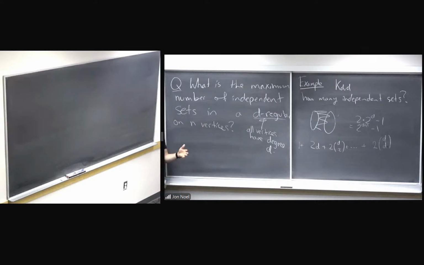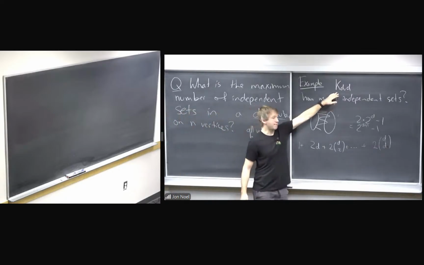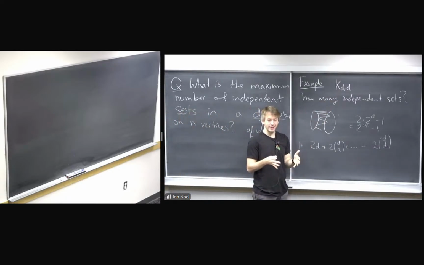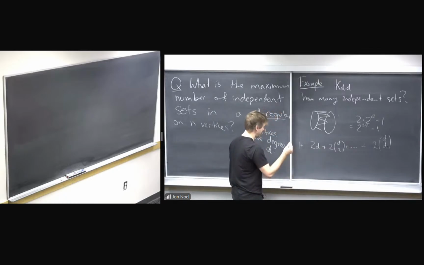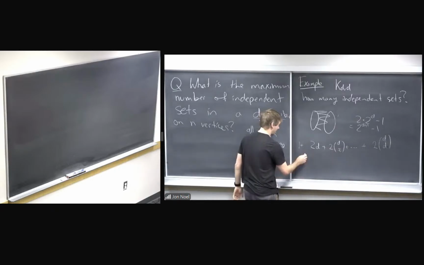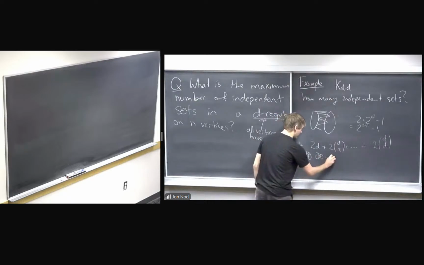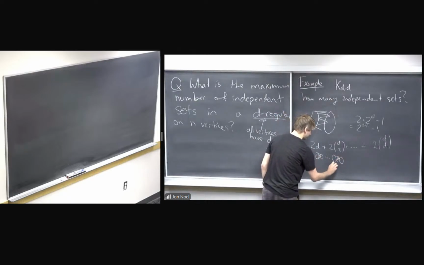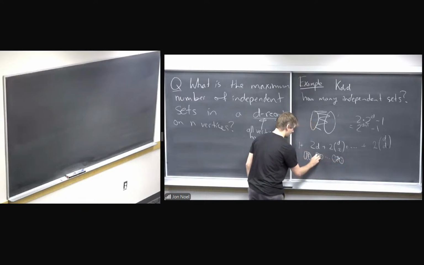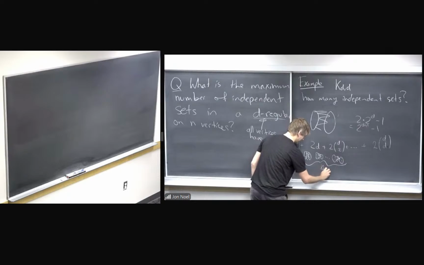Now, this is a very specific graph on 2D vertices. But suppose n is divisible by 2D. One example could be if I take disjoint copies of this graph.